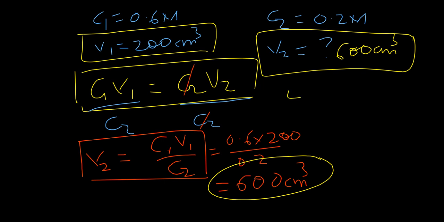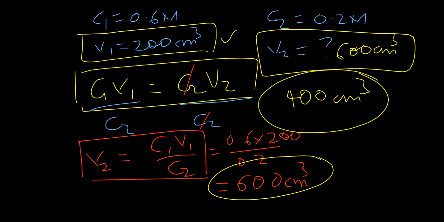Remember, you got that by subtracting V1 from V2. V1 is 200 cm3, V2 is 600 cm3. 600 minus 200 will give us this value. So this is the amount of distilled water that was added to the initial volume of the solution to obtain the new volume of the solution. So that will be the answer for this problem.